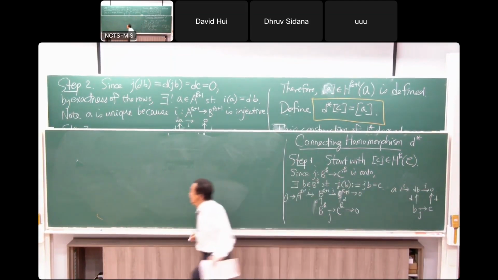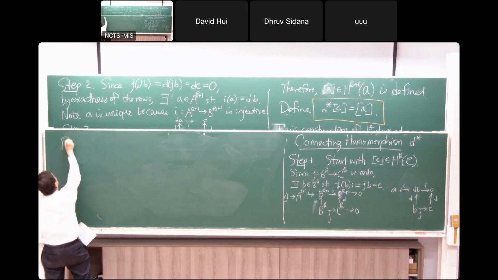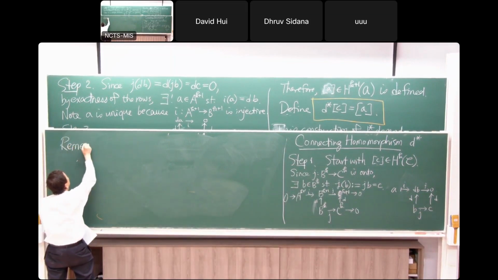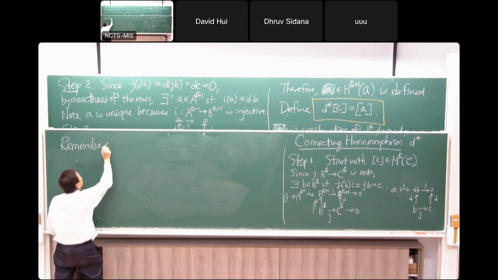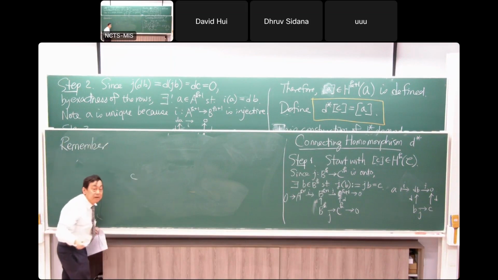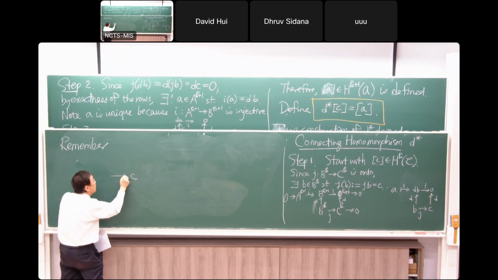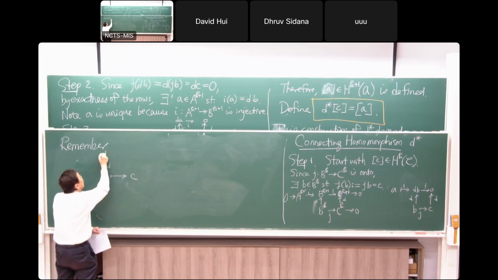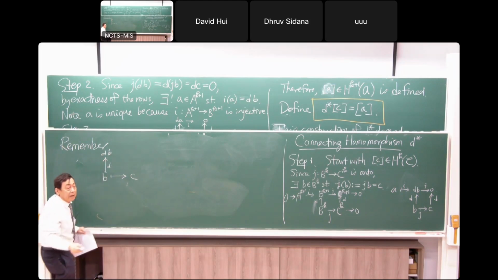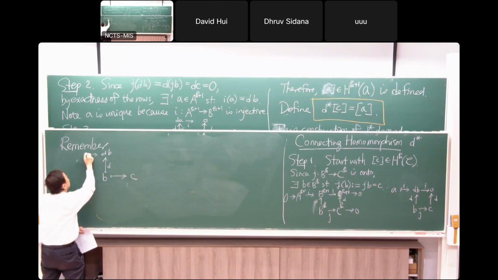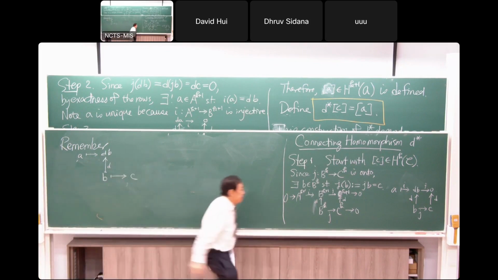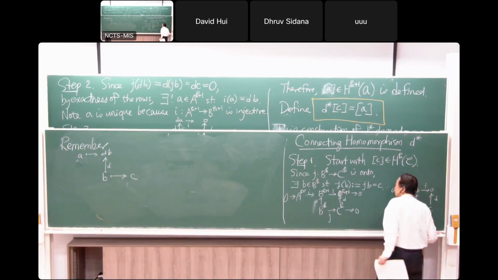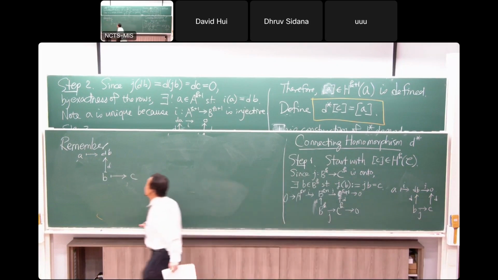So remember, the construction starts with a C, and we find a B that maps to it. Then we take dB, and then there's a unique A that maps to it, okay? So this is the picture that you should remember about the connecting homomorphism.